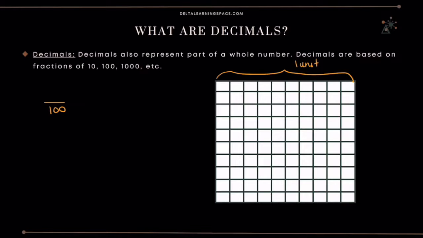If I were to shade 9 out of 100 pieces, my fraction would be 9/100. As a decimal, this would be 0.09, with my 9 in my hundredths place. My numerator here, that last digit will end up in the place value of hundredths.